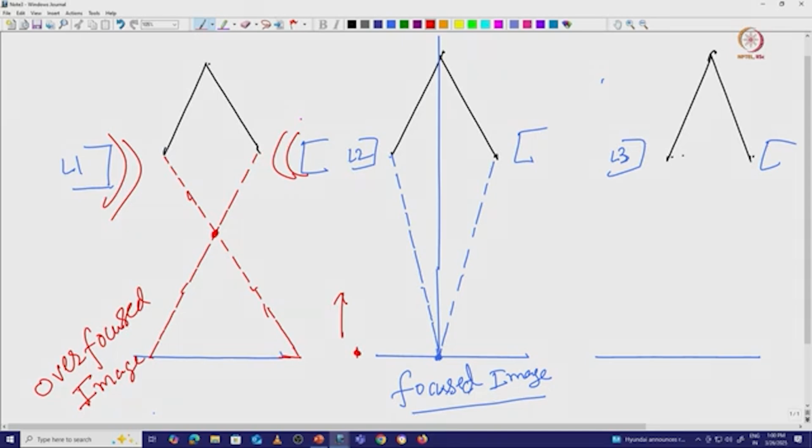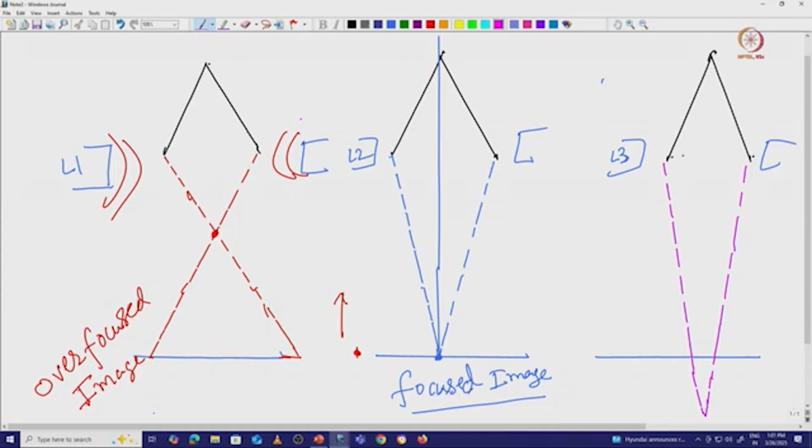Now, what about the last possibility? For the last possibility, I will use a different color here and show you that we are using a very weak magnetic field, and it is going in this direction, crosses the image plane and converges somewhere here.